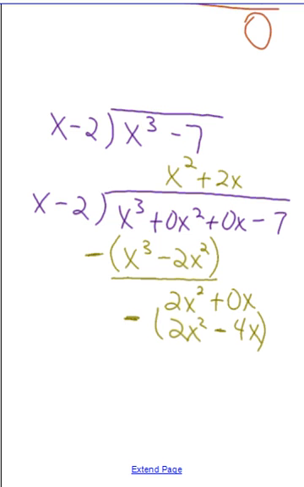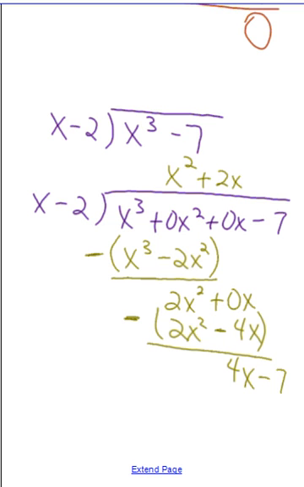Subtract: 0x minus -4x is 4x. Now you see why I changed it to have a remainder.